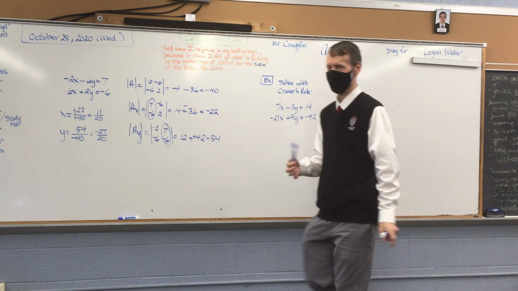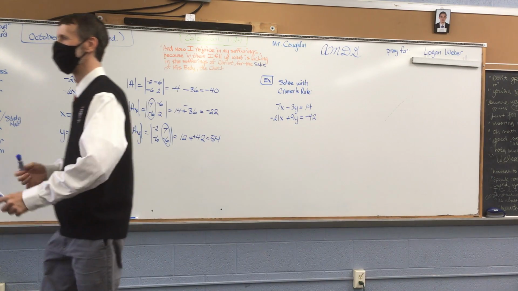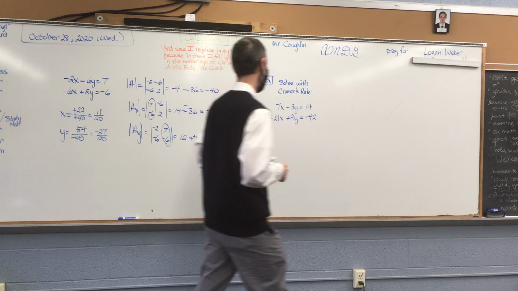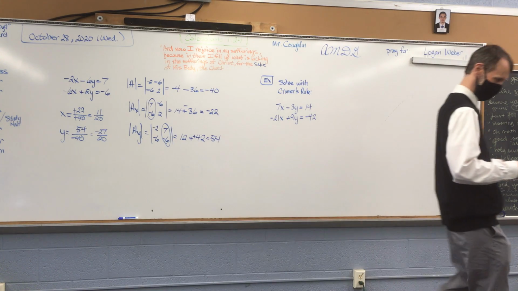And yeah, some of the numbers are big. So jot that down. 7x minus 3y equals 14, negative 21x plus 9y equals negative 42.